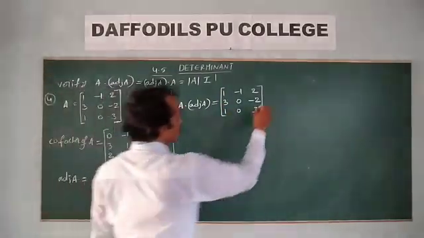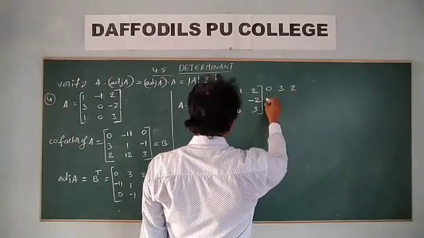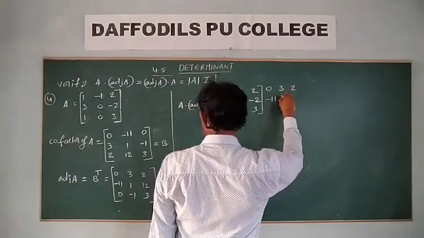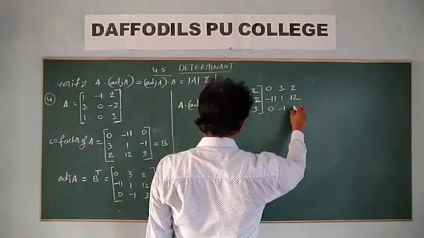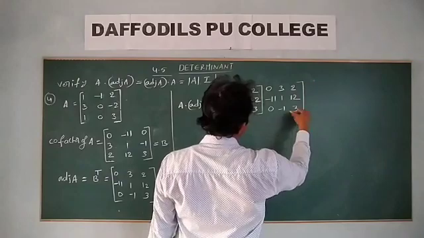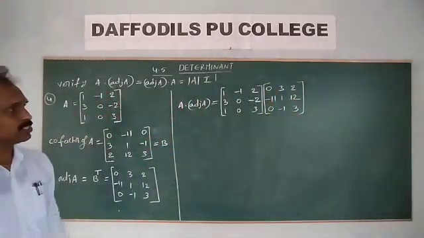Adjoint A is 0, 3, 2, minus 11, 1, 12, 0, minus 1, 3.